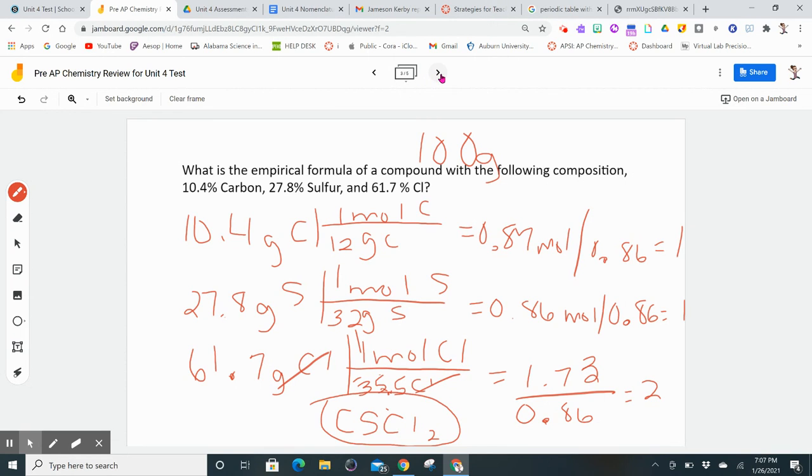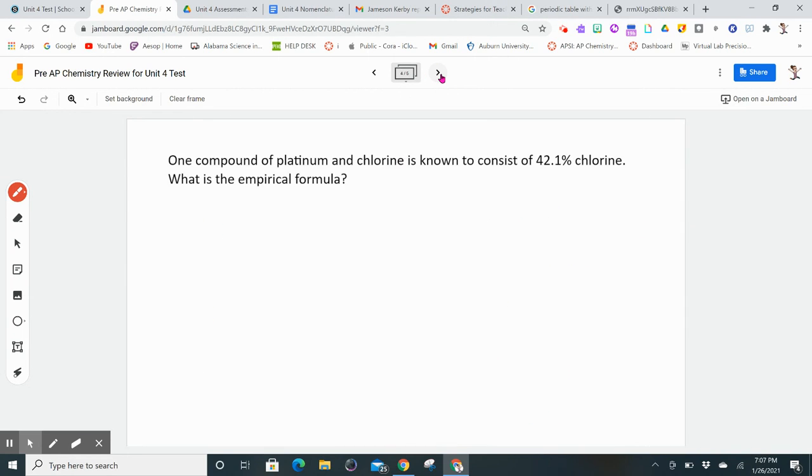All right, next one. One compound of platinum and chlorine is known to consist of 42% chlorine. What is the empirical formula? All right, so you only have two things in it. If it's 42% chlorine, that means it's 42.1 grams of chlorine.